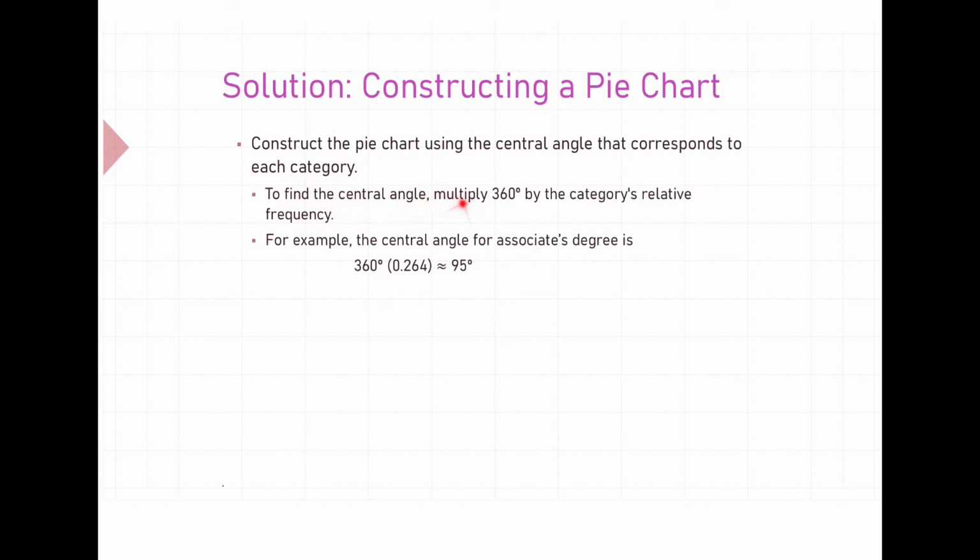To find the central angle, we're going to multiply the relative frequency by 360. So for example, the central angle for associate's degrees, here's the relative frequency of that, about 26.4%. And if we multiply that by 360, we see 95 degrees is going to be the central angle.